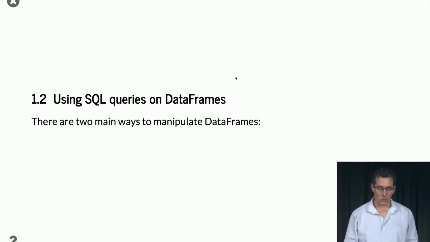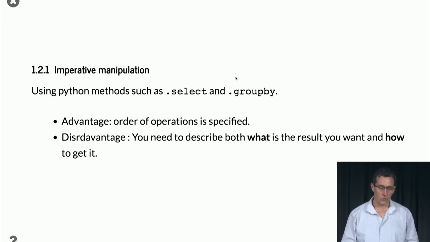Using SQL queries on data frames. So SQL is a simple query language that was invented for databases, and it has very nice properties that are used in data frames. There are two ways to manipulate a data frame.